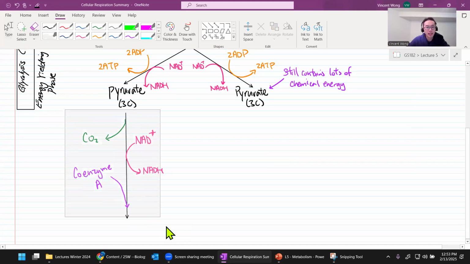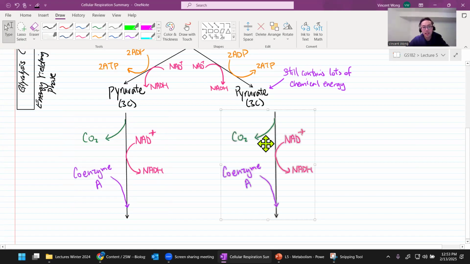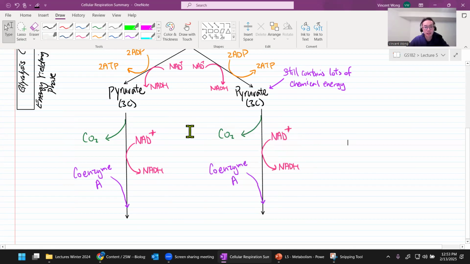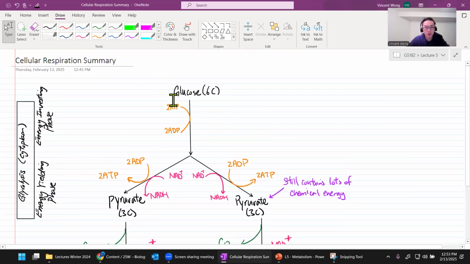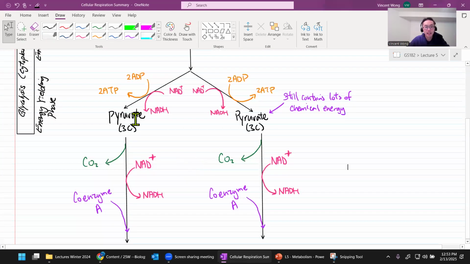Now you're going to understand this thing is going to happen twice for every glucose that we break down. Each glucose produces two pyruvate. Each pyruvate will undergo the same set of reactions in the matrix.